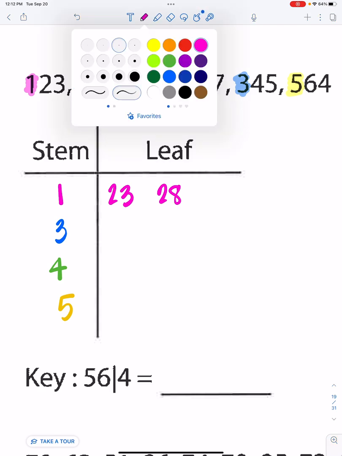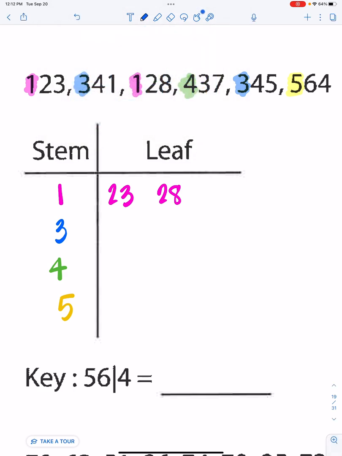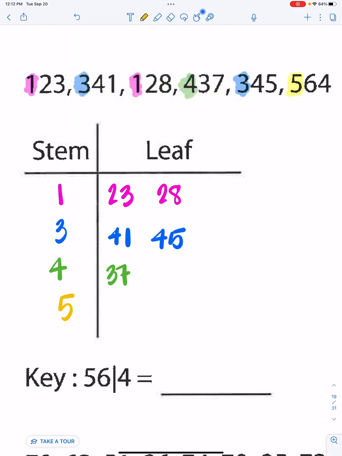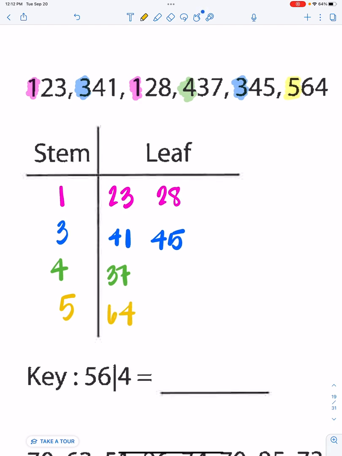In the 300s, I had 341 and 345. For the 400s, I had a 437. And in the 500s, I had a 564.